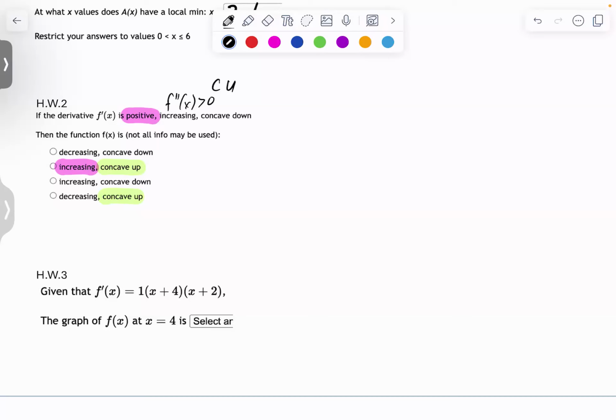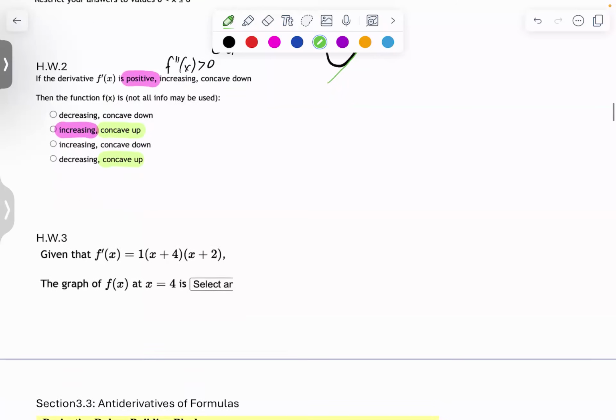So that means that we have a function here, and it is increasing, which means we are here. And f prime is increasing, which means f double prime is positive, which means we're concave up.